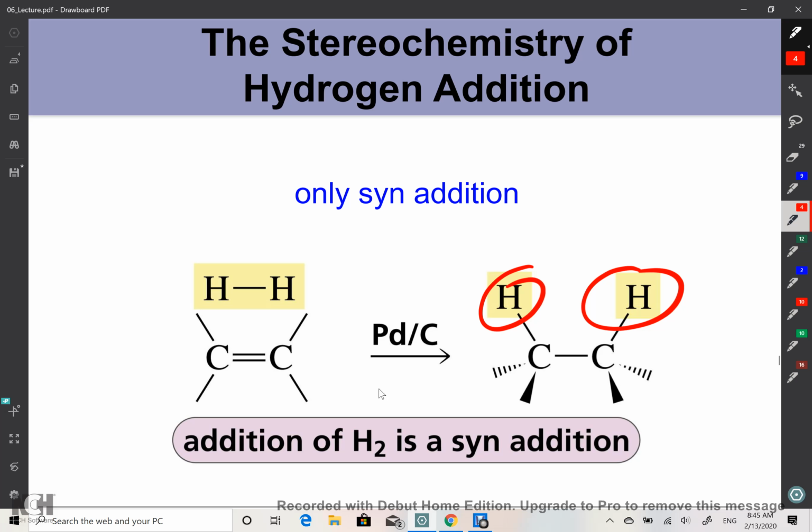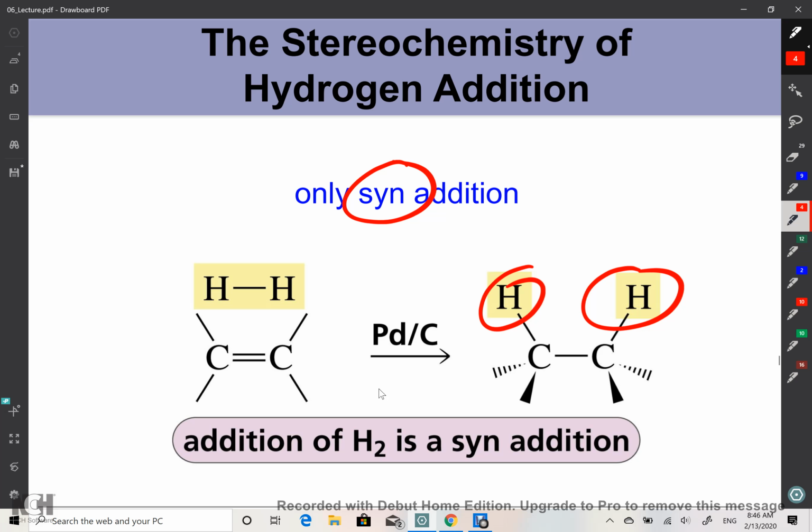And in that case, when they add on the same side of the plane, we refer to that type of reaction as a syn addition, meaning on the same side. So hydrogenation is an example of a syn addition, as opposed to an anti-addition, meaning adding on opposite sides. Does that make sense?